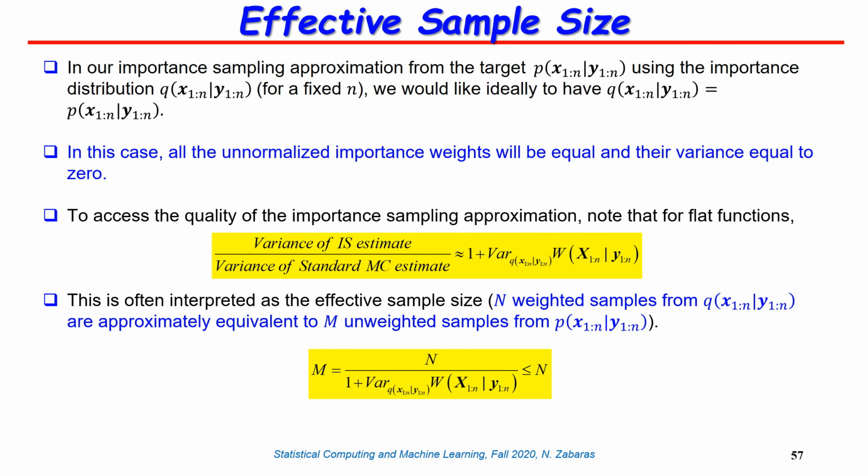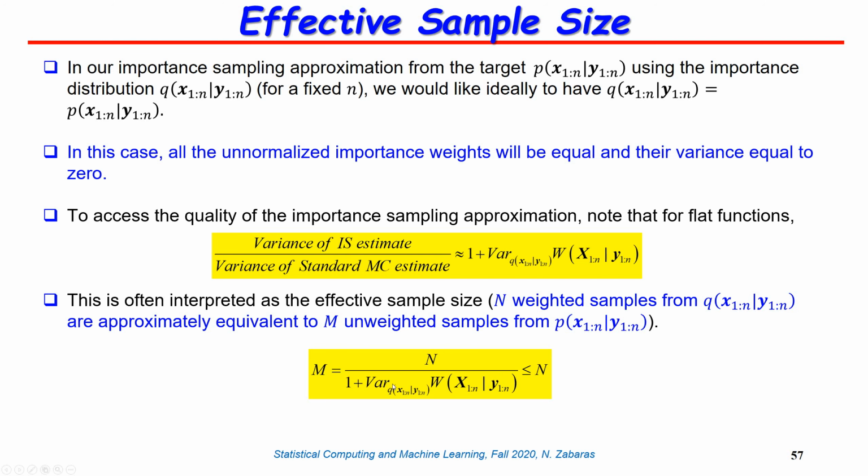So how well we do in importance sampling is defined by this effective sample size, n divided by 1 plus the variance of capital W under the distribution Q. Now, if this variance is 0, then all the weights are the same and the effective sample size is equal to n, and we're going back to standard Monte Carlo.